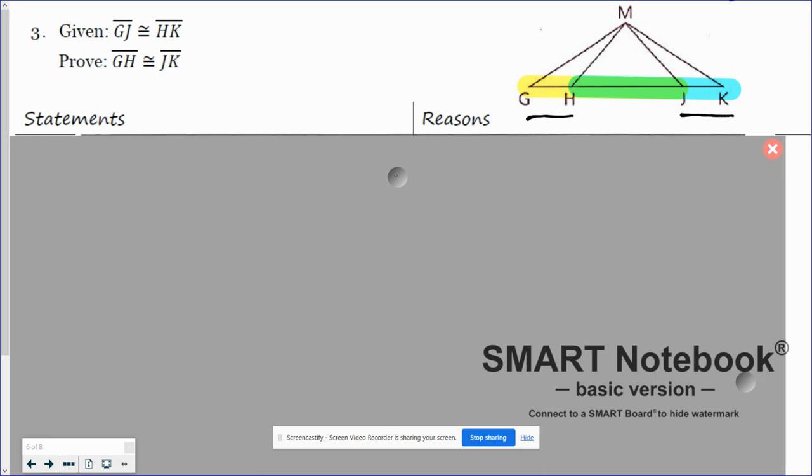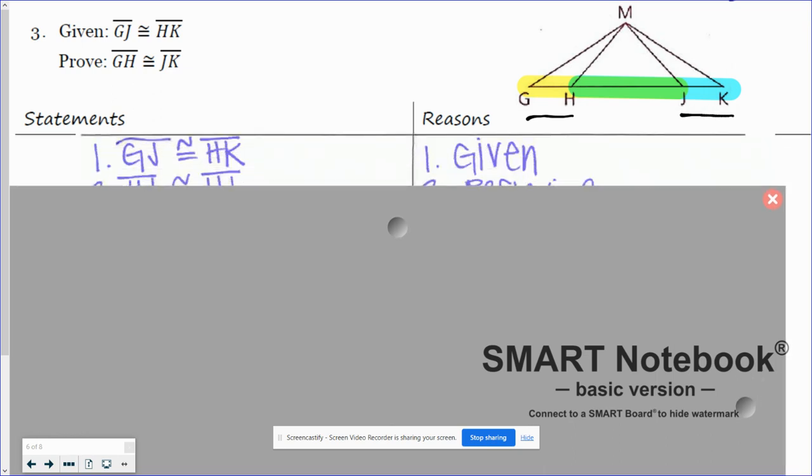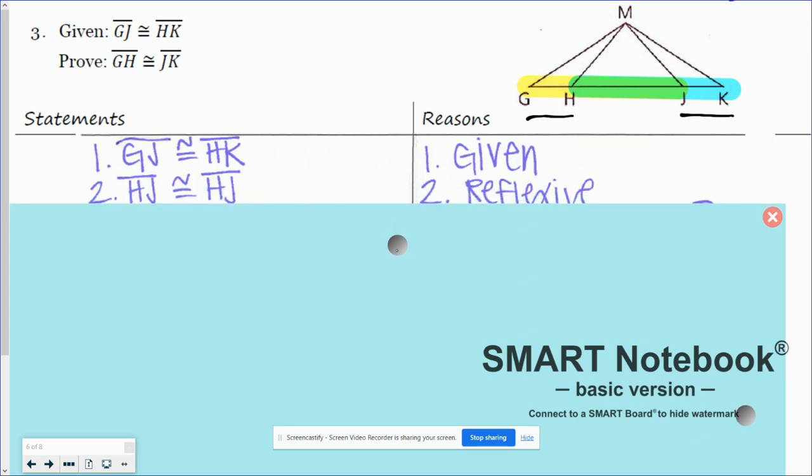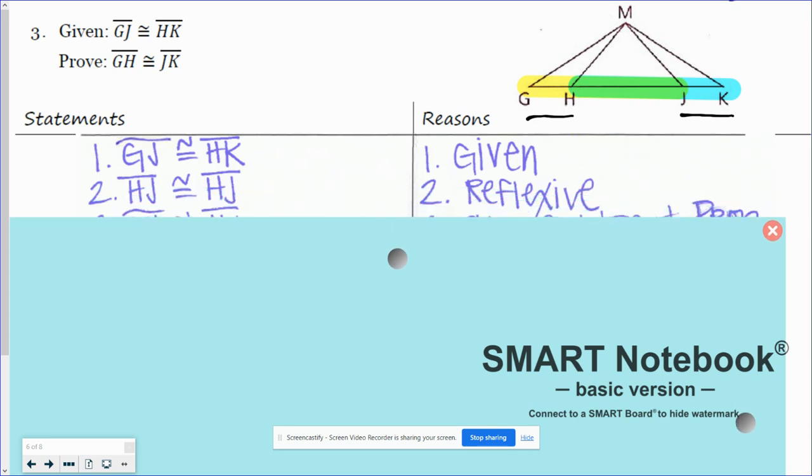So what does our proof look like? Well, got to start with the given information. Now, since I'm subtracting HJ, I need to introduce that to my proof. I can say that HJ is congruent to HJ. This is that reflexive property. So now if I do some subtraction, if I go GJ minus HJ, I'm going to get that segment GH.